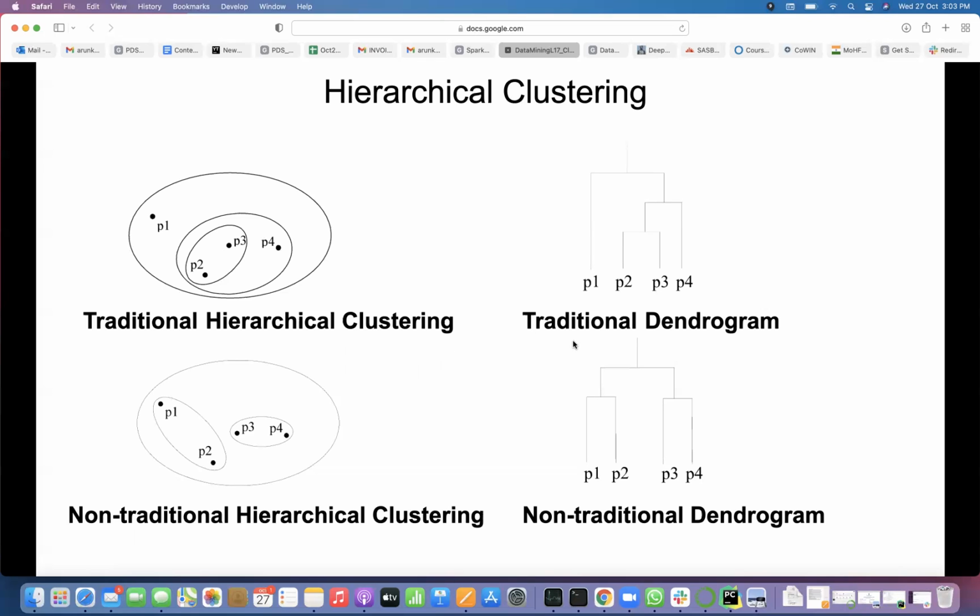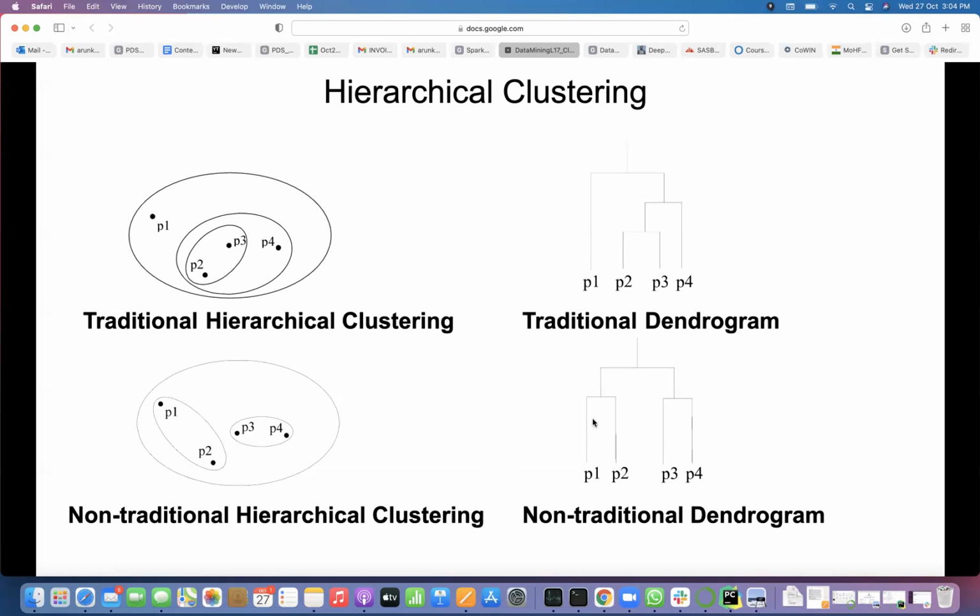If you don't have that hierarchy between all of the clusters, if for any pair you take there may not be a hierarchy, then that is called non-traditional hierarchical clustering. Here P1, P2 are in one cluster, and P3, P4 are in another cluster. But between these two clusters, there is no relation where one is the supercluster and one is the subcluster.